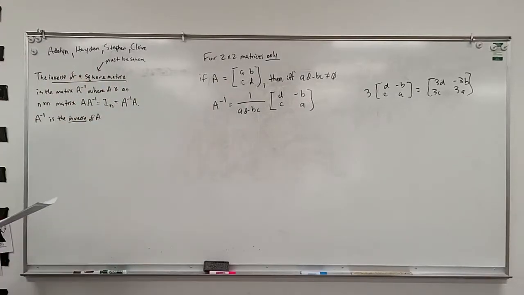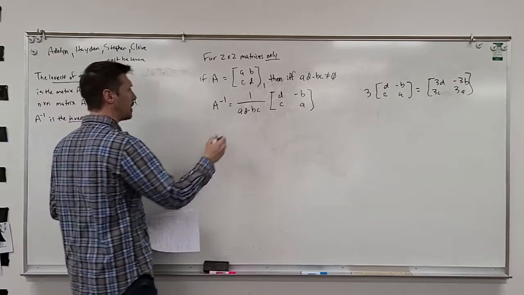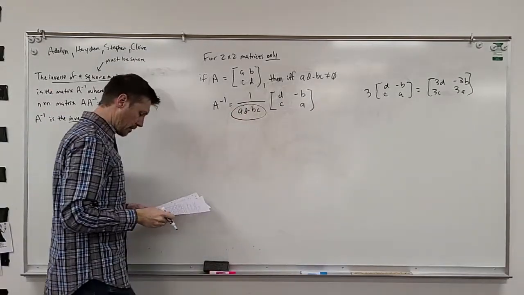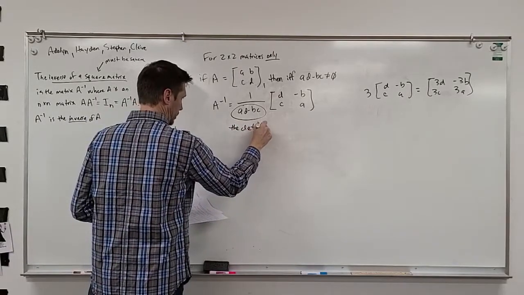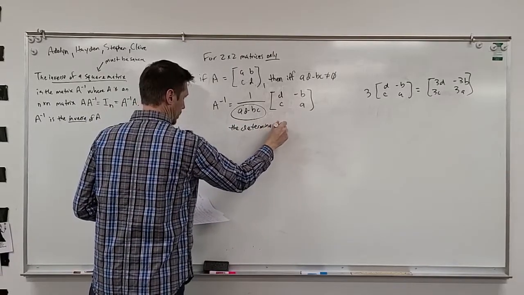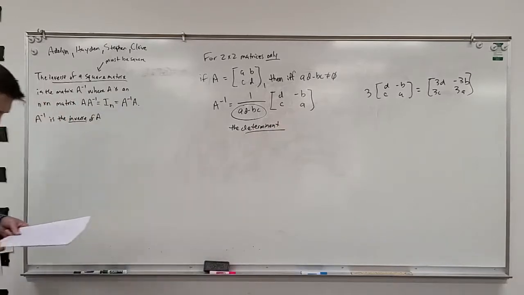So it's just a formula for you to use. You quickly find it with a 2x2 matrix. And this denominator here is going to come back. We call this denominator the determinant. So it has a special function and a special name, and we'll see that in the next chapter.